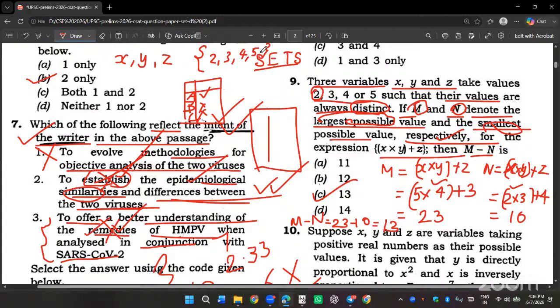In school we have studied that they will say 2 can repeat, 3 cannot repeat. Like that they will give the condition. Even in state board it is clearly given. So don't be afraid of it.